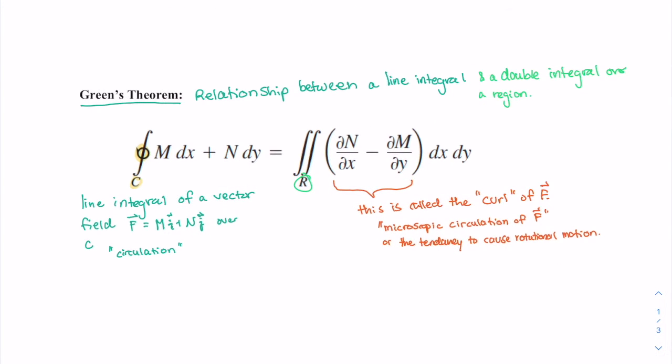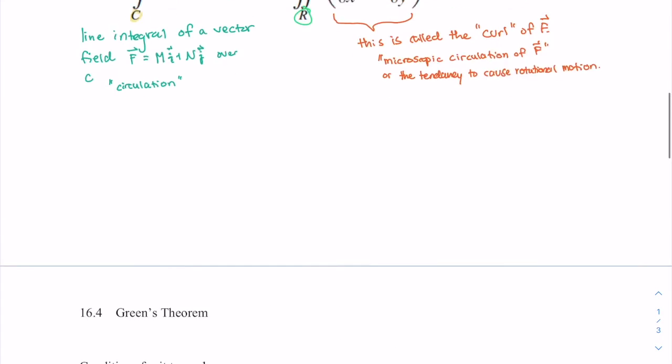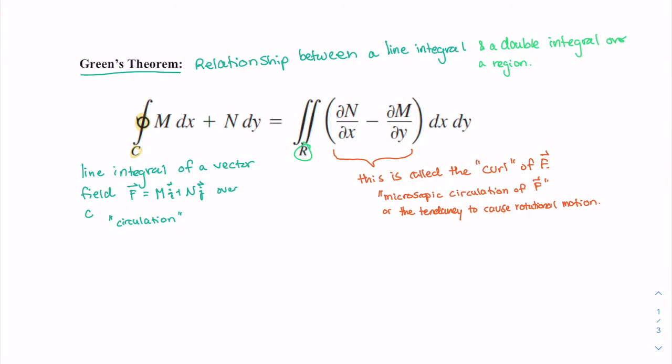Now, the reason why that's important is that it's the only way to capture a region for which you can write the equivalent double integral, right?